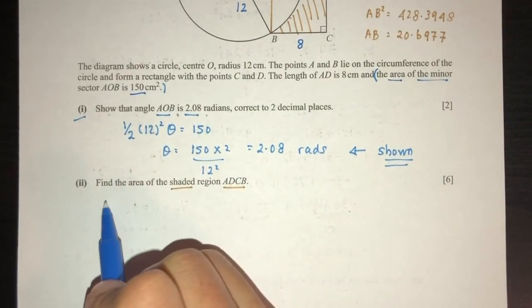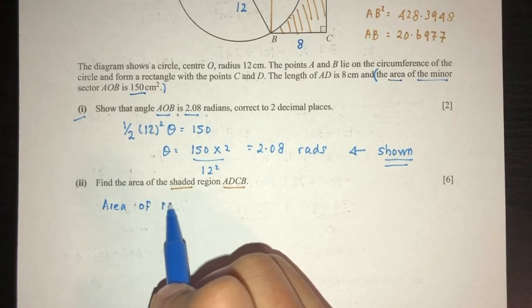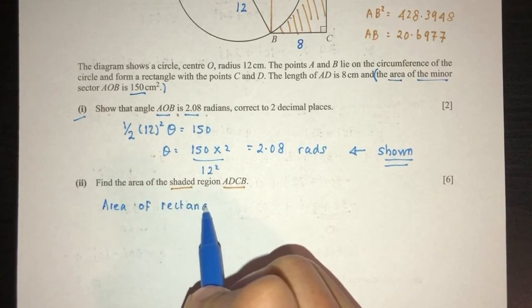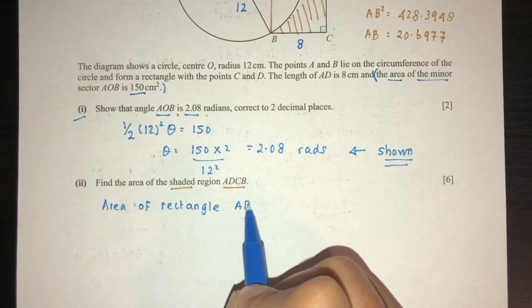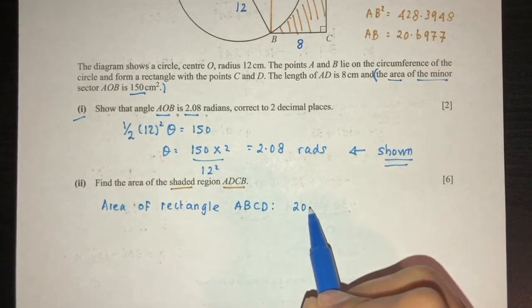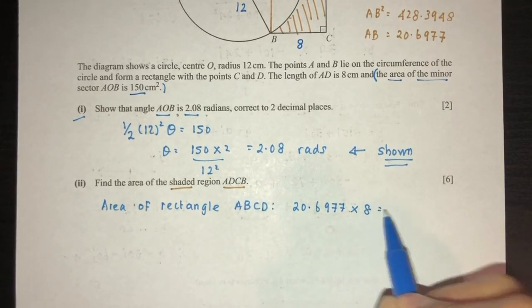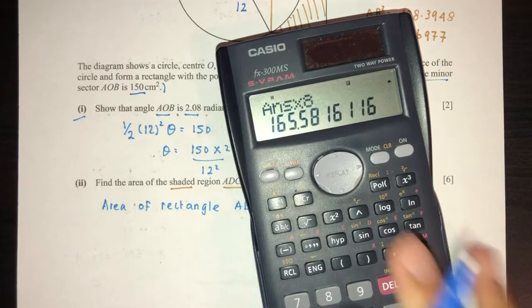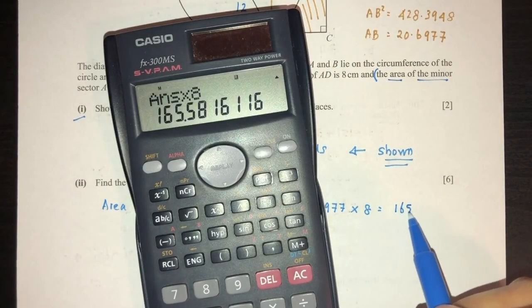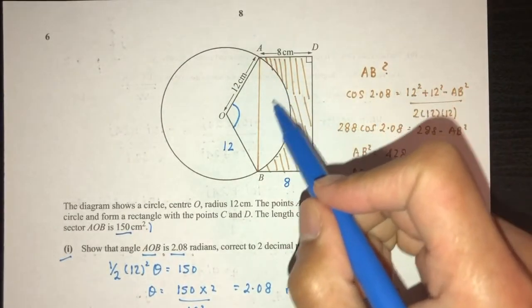So first, area of rectangle ABCD. That will be length times width. That will be 165.5816.